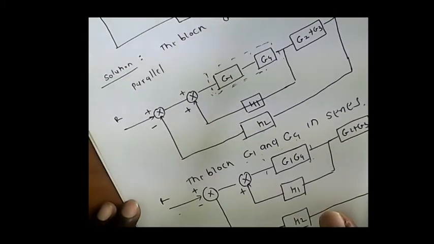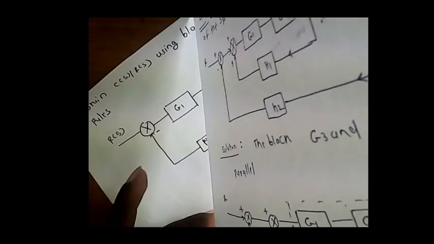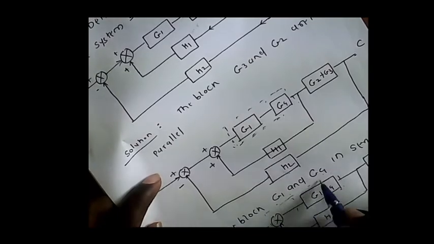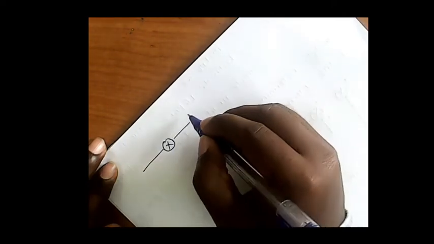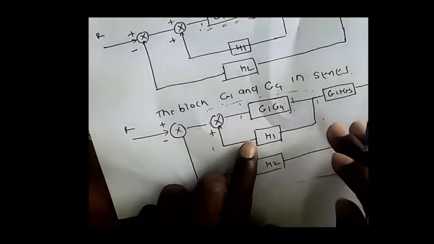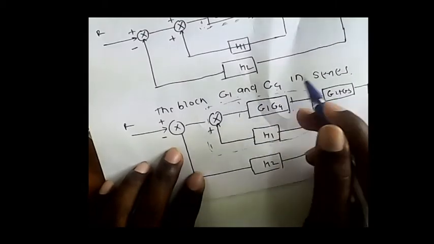Now if you observe, this is a minor feedback loop, so we can write down the transfer function for the positive feedback, which removes this first feedback loop.